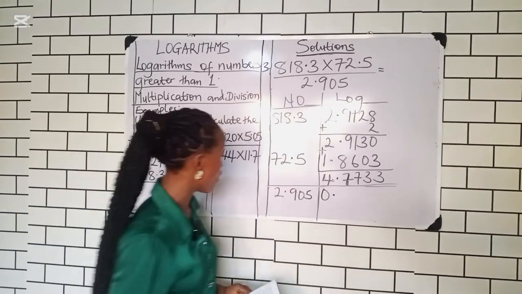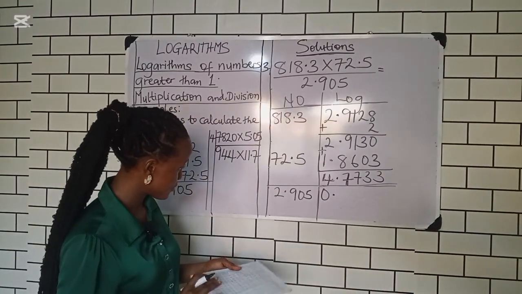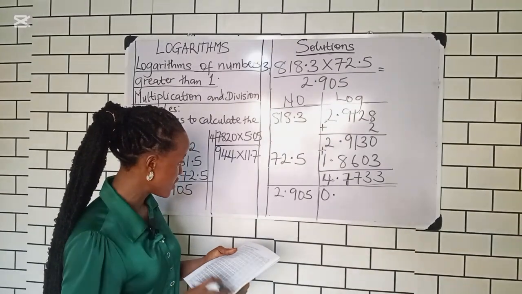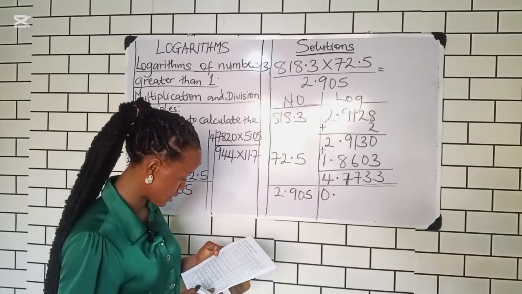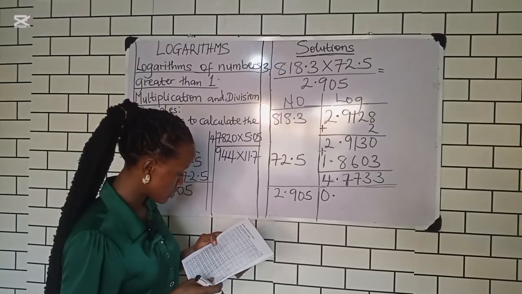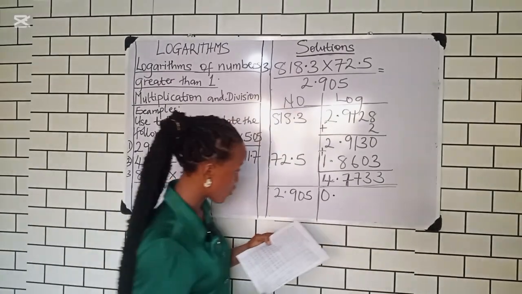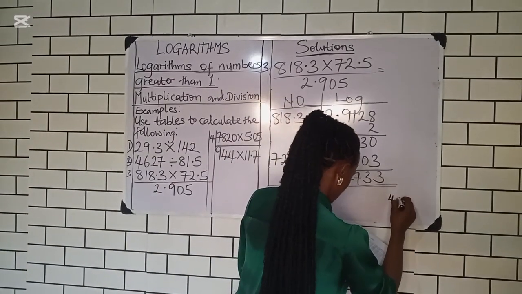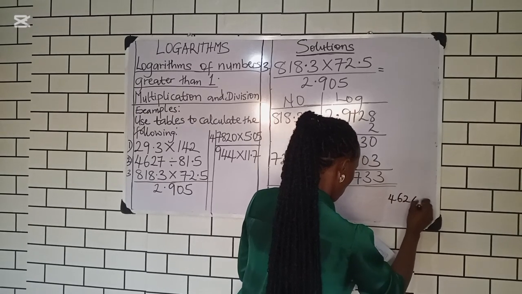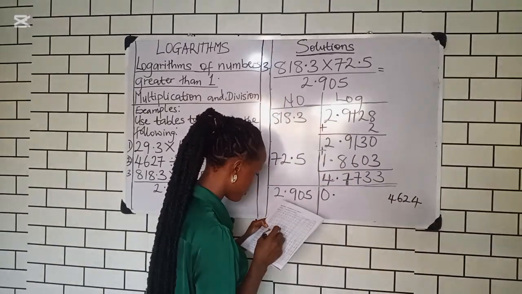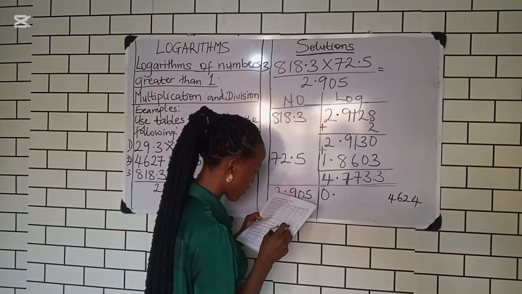Now we're going to look for 29 under 0, difference of 5. 29 under 0 will give us 4624. The difference of 5 here is 7.